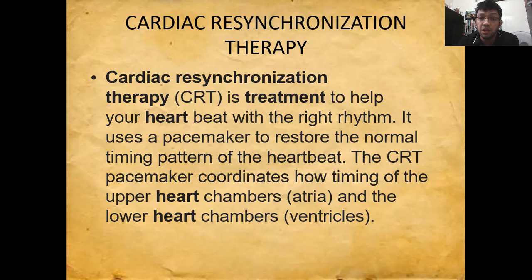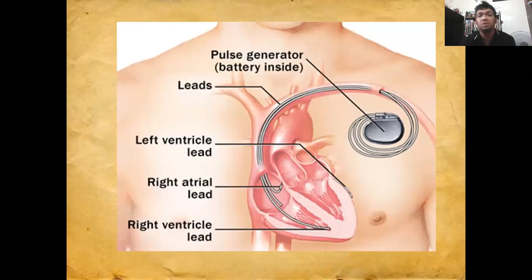So the CRT pacemaker coordinates the timing of the upper heart chambers, which are the atria, and the lower heart chambers. So in CRT, it helps create the correct rhythm in the heart for patients who are suffering from heart failure.